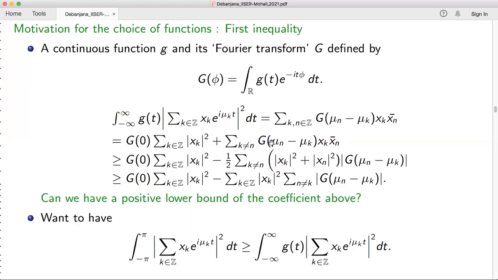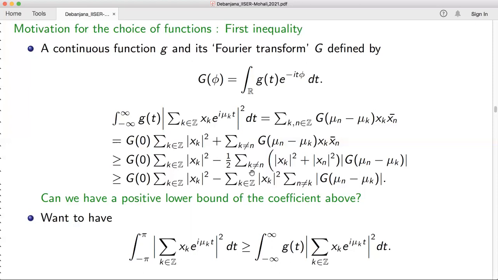The first way is to use Cauchy-Schwarz, since we are looking for the lower bound. We keep the first term as it is, then using Cauchy-Schwarz we get minus half into the summation of mod xk square plus xn square, times modulus G of mu n minus mu k, again with a double sum.